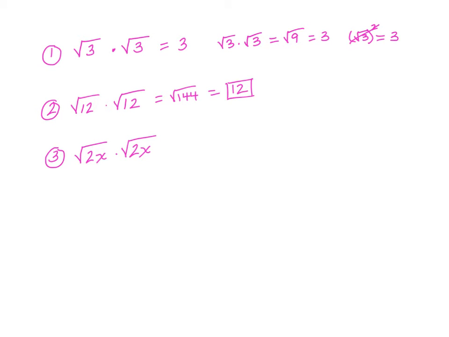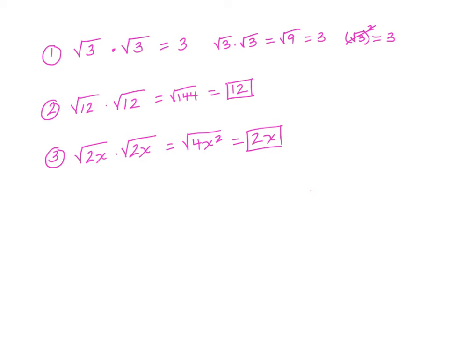And even if there's a variable, that will still work. So the square root of 2x times the square root of 2x would be the square root of 4x squared. But we know the square root of 4 is 2, and the square root of x squared is x. So again, you can see that when you multiply identical radicals, that radical just cancels out.